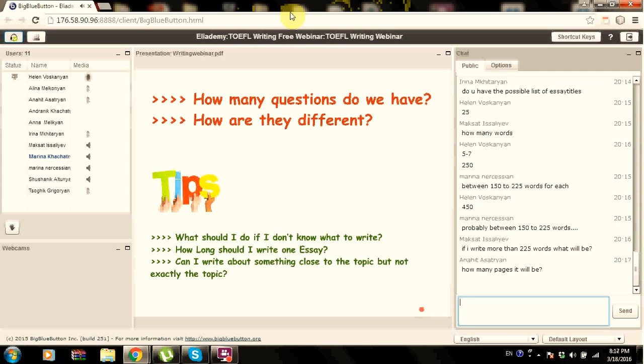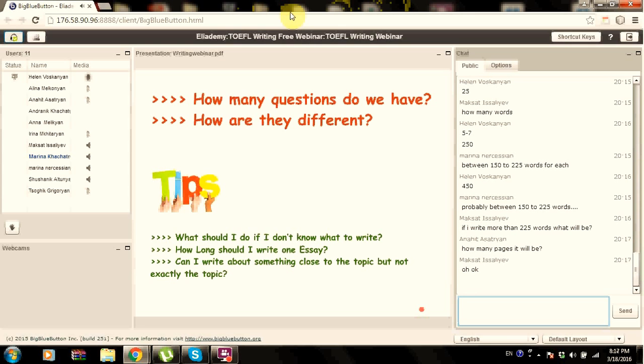Nothing wrong will happen. Of course, your essay wouldn't be considered a bad one. The thing is that if you write more than 250 words, it will take you more time. That's the only problem. If you are really quick in writing and you have a lot of ideas to express, then why not? You can even write like 300 words.